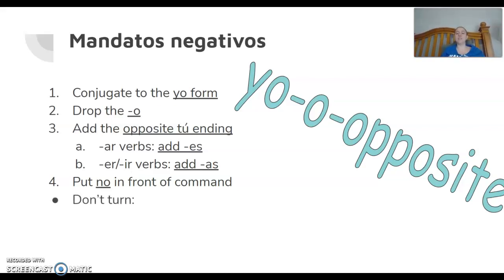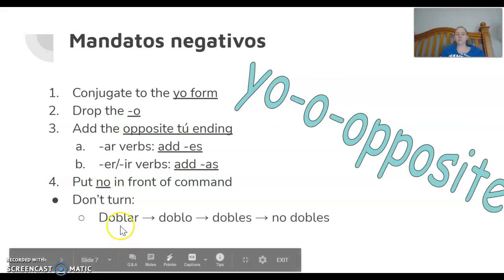So for example, if I wanted to say don't turn, like I'm giving you directions, like don't turn here, wait, and then turn after. I take doblar, I go to the yo form, which is doblo, drop the o, and then I add my opposite ending. It's an AR verb, so I'm going to add my es, then I put no in the beginning: no dobles, don't turn.